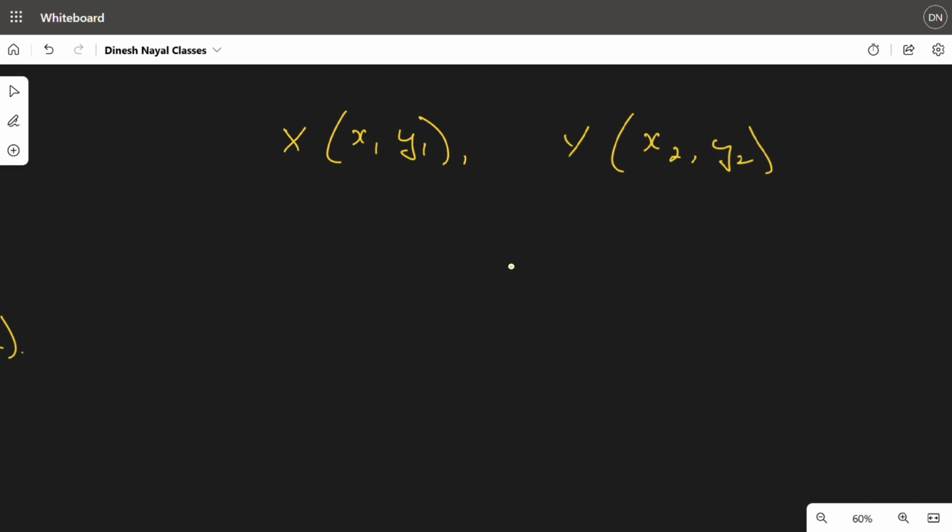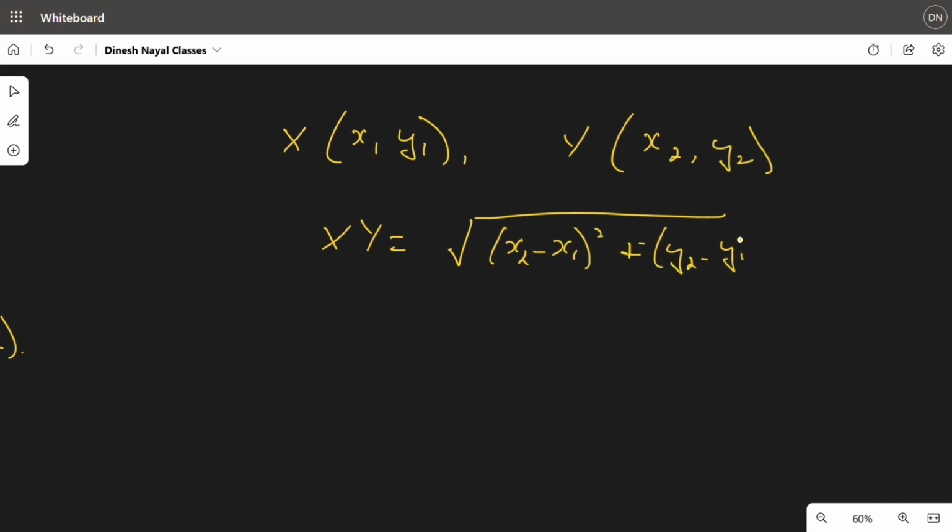The distance between these 2 points is under root of x2 minus x1 whole square plus y2 minus y1 whole square. So this is the distance formula.